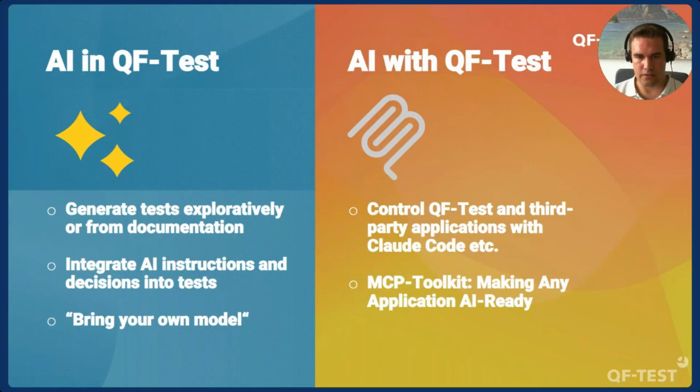So the AI can use QFTest and its capabilities for component recognition or for user interaction with any program, to control basically any third-party application that QFTest can control. So you can, with QFTest as a middleman, let your AI control any Swing application, web application, mobile applications, whatever you name it, you can do this.